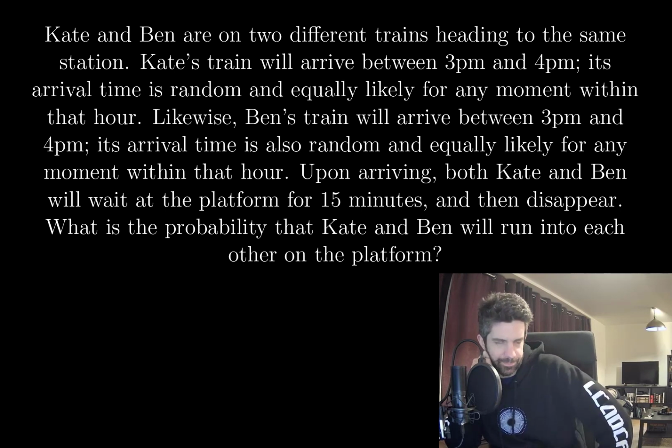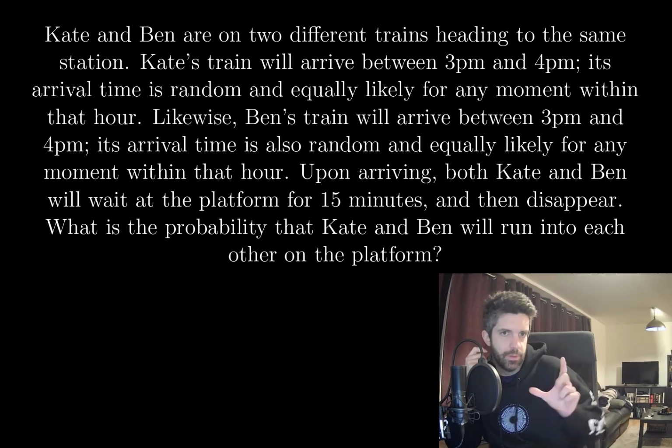Okay, so my first intuition here is that we're thinking of the time between 3 and 4 p.m. Think of that as a unit interval. And the times at which they arrive are independent.